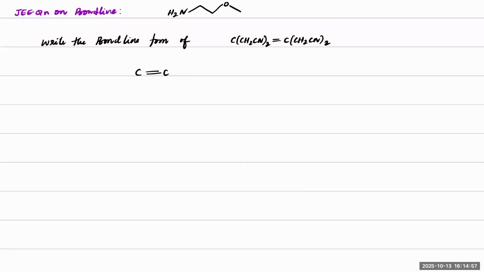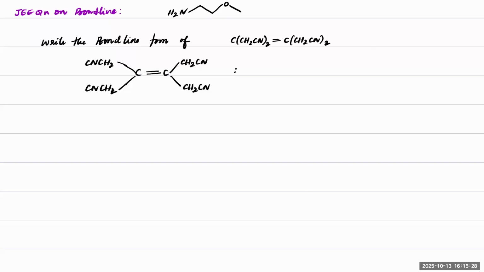By the way, in the semi-condensed form I do not have to represent this double bond; still you should be able to understand that there is a double bond between them. Then you have two bonds connected with CH2CN, and here also NCCH2. That's how it is connected.